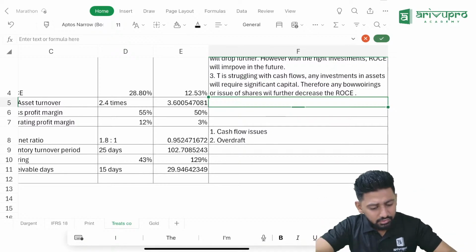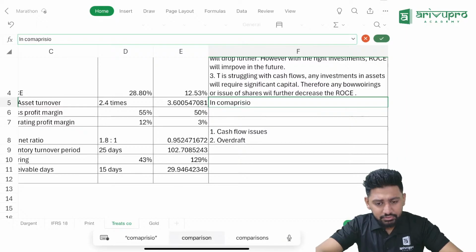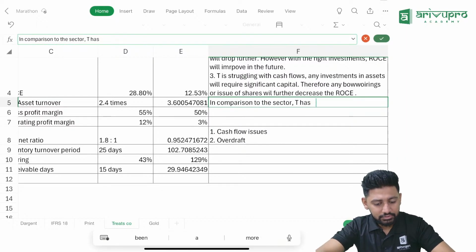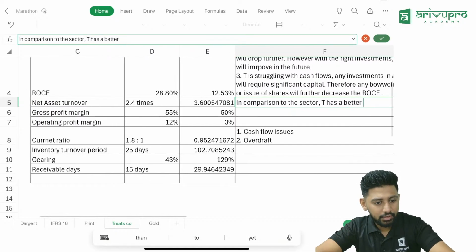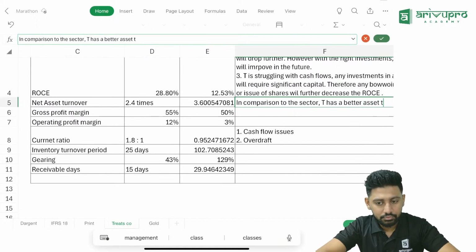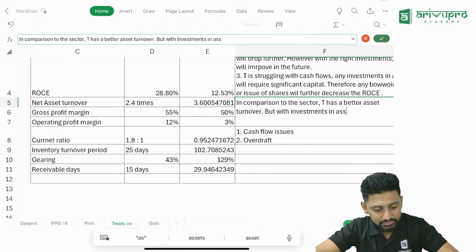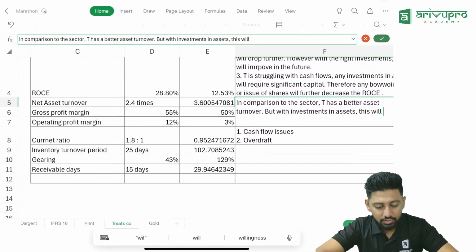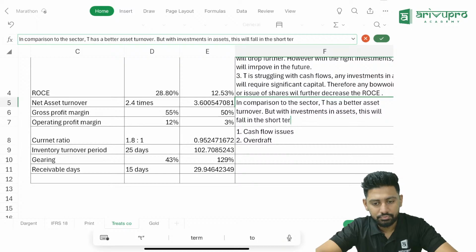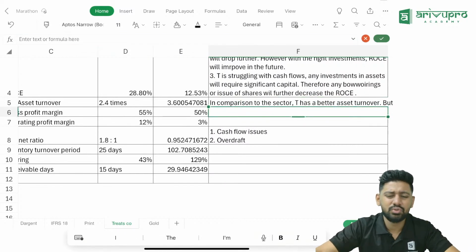So, in comparison to the sector, T has a better asset turnover, but with investments in assets, this will fall in the short term. That's it. Don't worry too much about it.